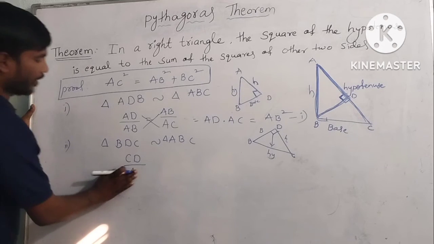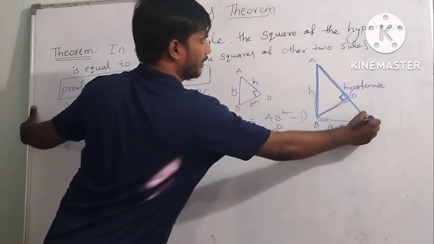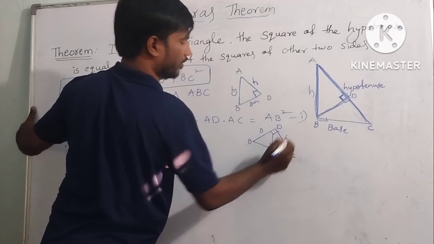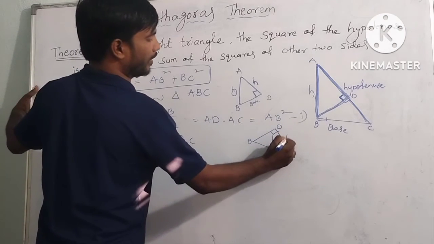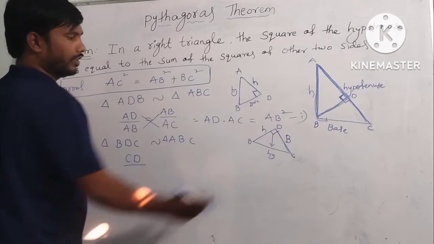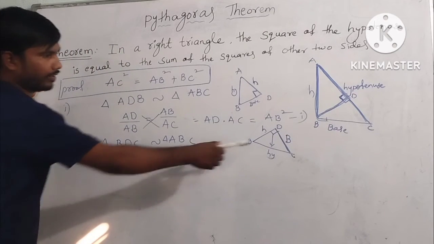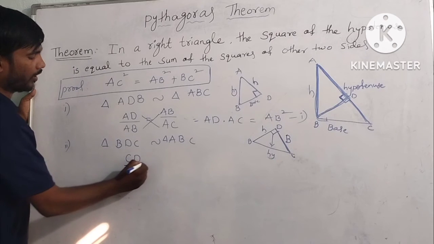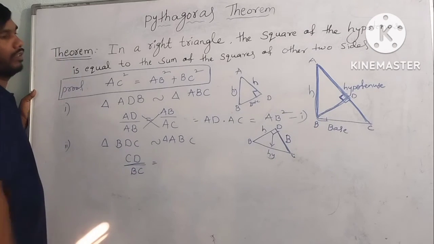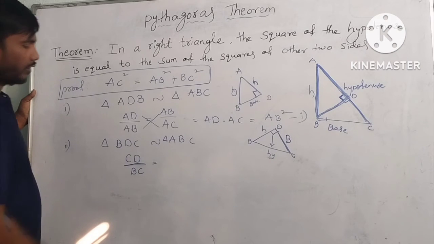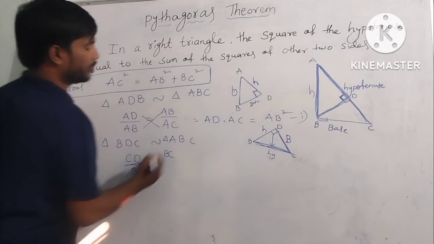Next, the hypotenuse of the smaller triangle is BC.